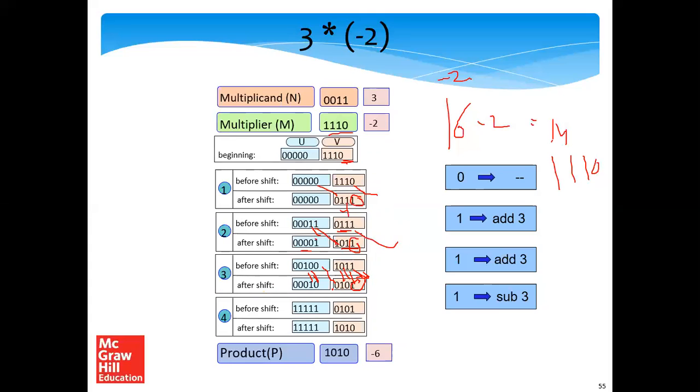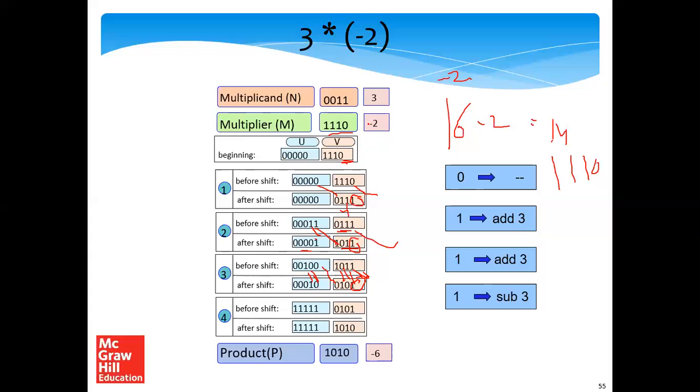Now in the iteration just before the last iteration, if the LSB of V is 1, then in the last iteration we don't add, we simply subtract. In a positive number, this bit is always 0 in the third iteration for the 4-bit number.